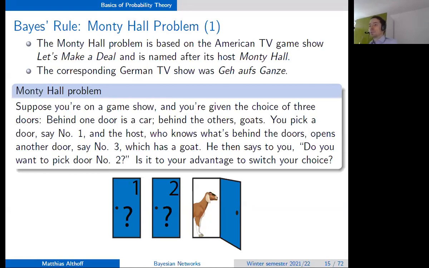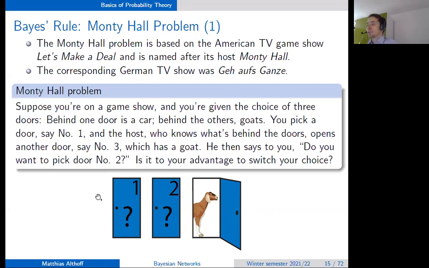So what's the problem, for those who don't know? This is not the entire game show. There are several games, but one game is that you have 3 doors or gates, and behind one gate is a prize like a car. Behind the 2 others is nothing, like a goat. In Germany, it was called the Zonk.